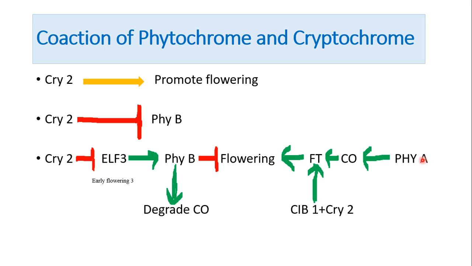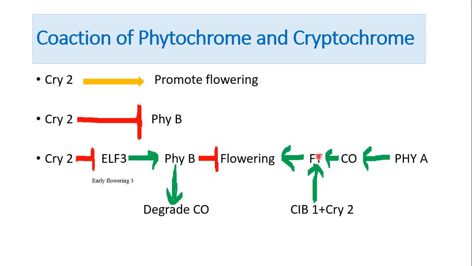How is that? Phytochrome A will stabilize constans RNA.